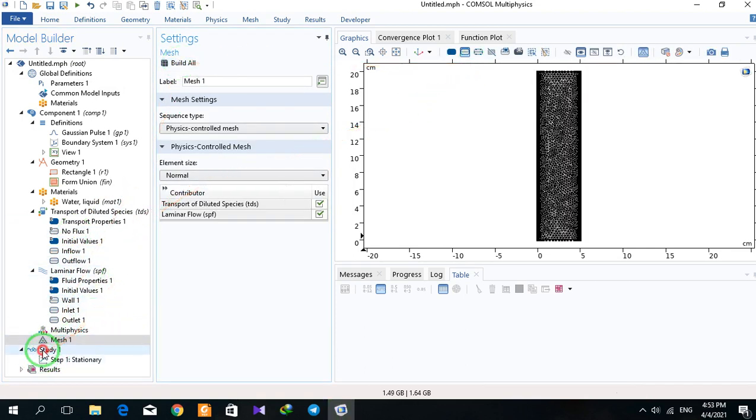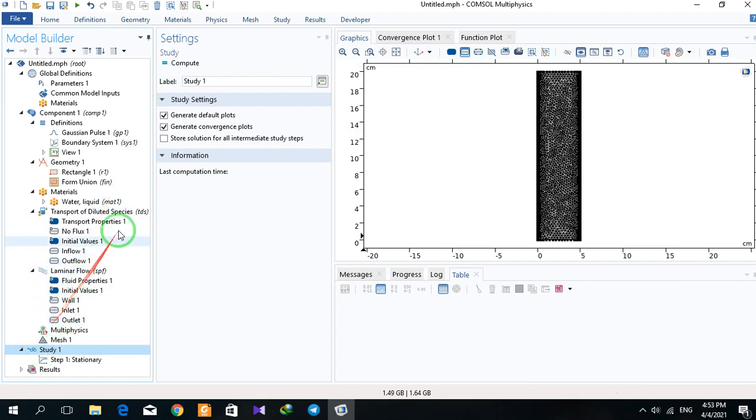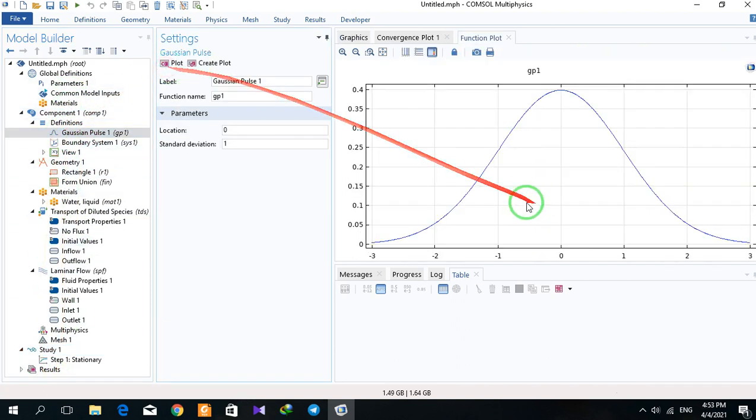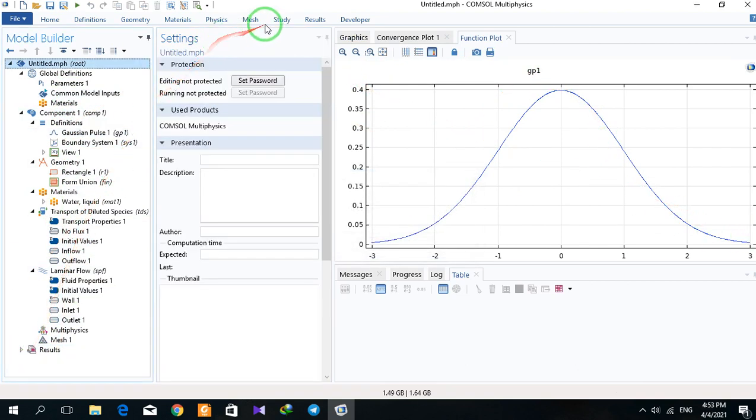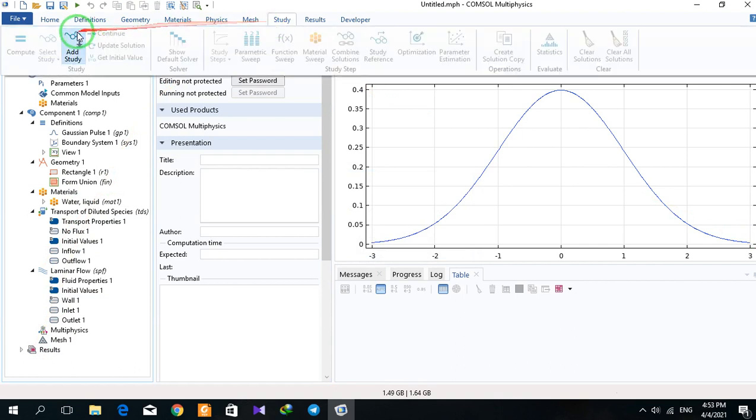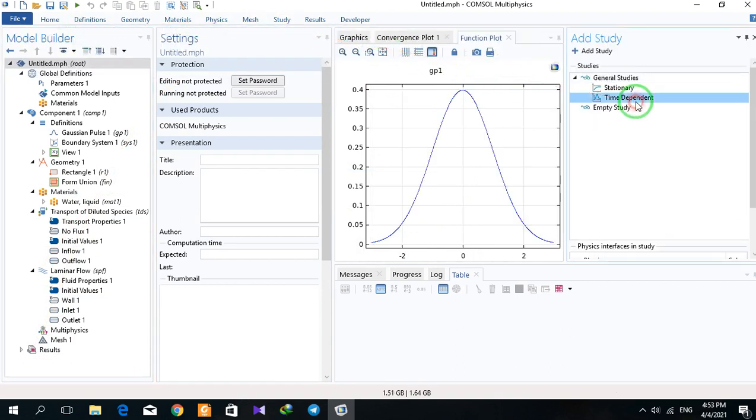I mesh my system. So remember, because I defined a variable with time, I must use a time dependent study. So I add a study and select time dependent.